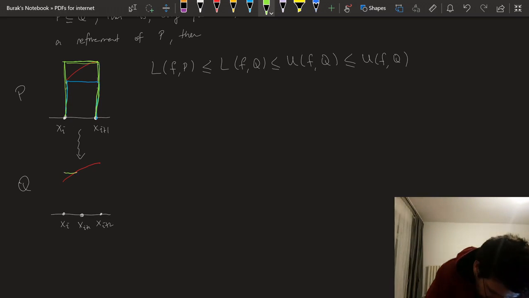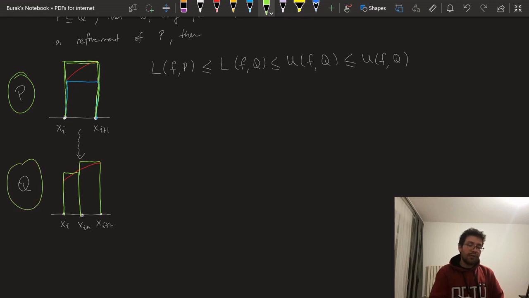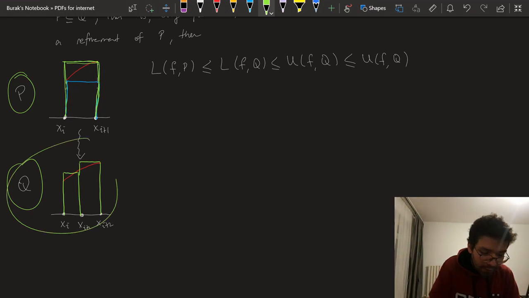Now, if you compute the upper Riemann sum for Q, you will have the sum of the areas of these two rectangles, and the sum of the areas of these two rectangles is less than the area of this green rectangle over here. The point is, over here you are using P, over here you are using Q, and Q possibly has more points.